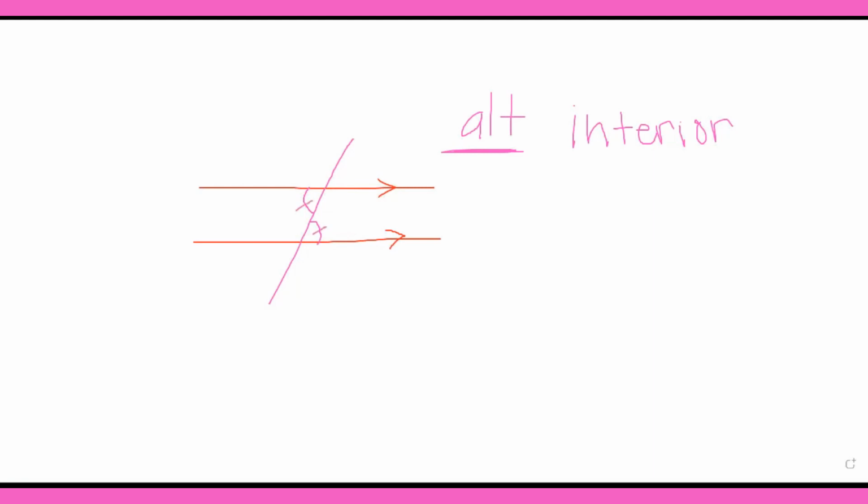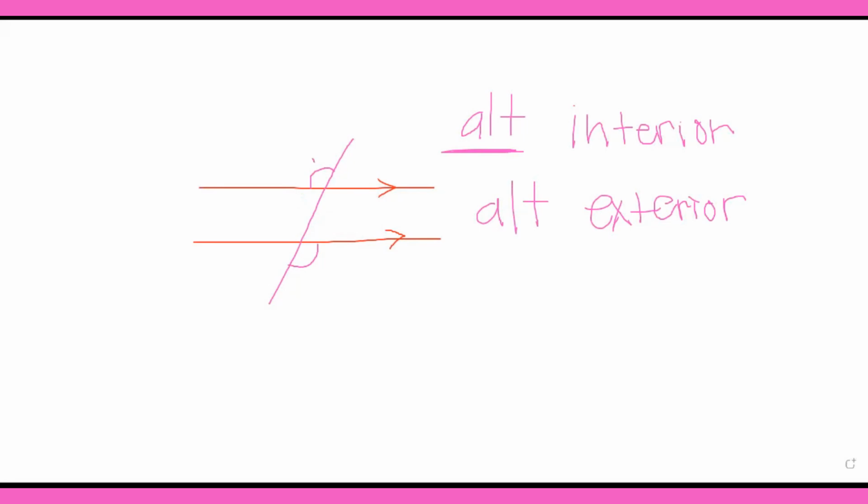The other option is we could have alternate exterior. So alternate, again, describes where we are on the transversal. So if I am on alternate sides of the transversal and exterior, the second word applies to how it relates to the two lines.